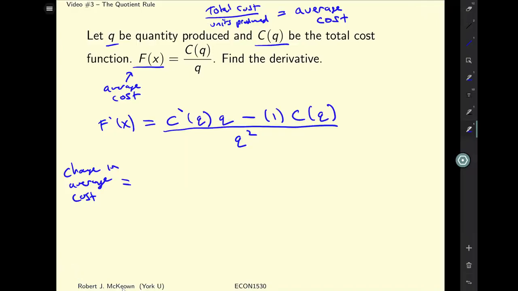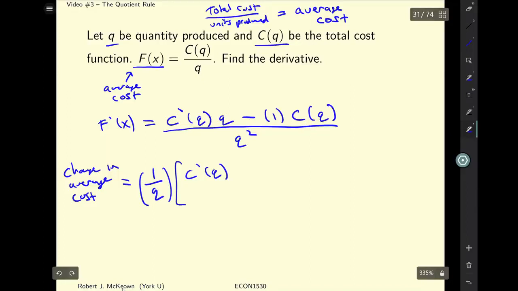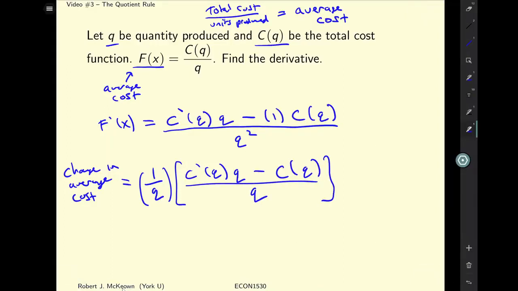here's where we're going to use a little economics with the mathematics that we've derived. So I'm going to do some rearranging here. I'm going to factor out a 1 over Q, and then I'm going to write C prime Q minus C Q over Q. And then I'm going to keep going.